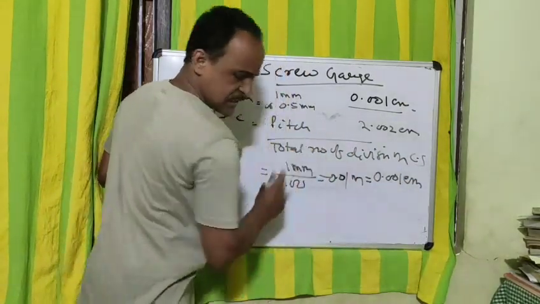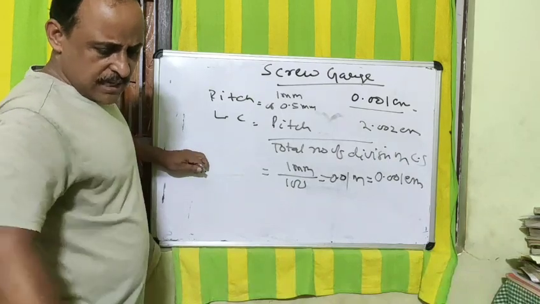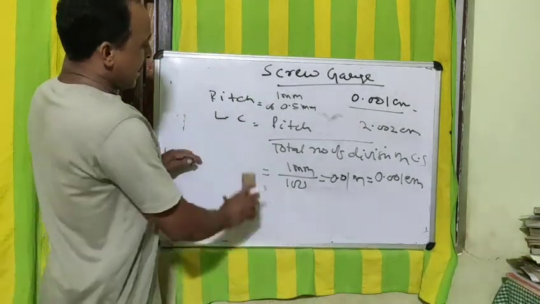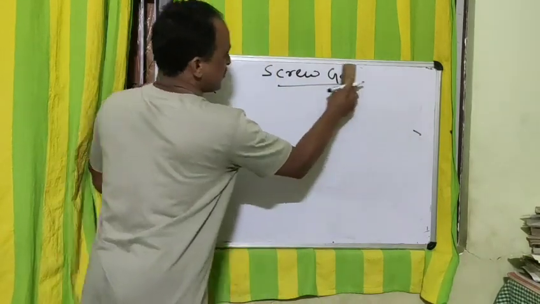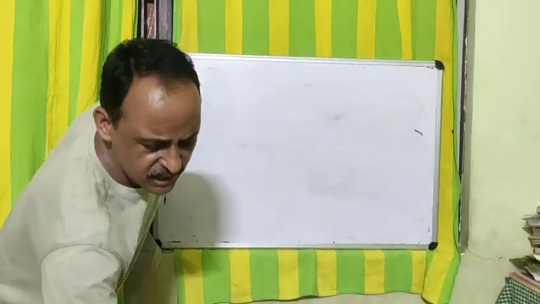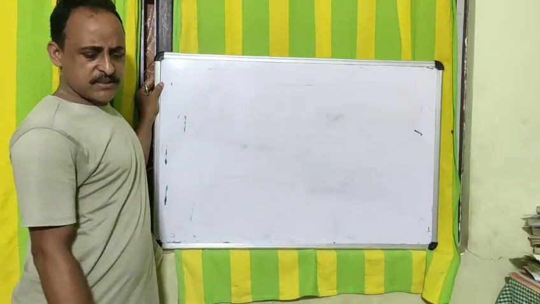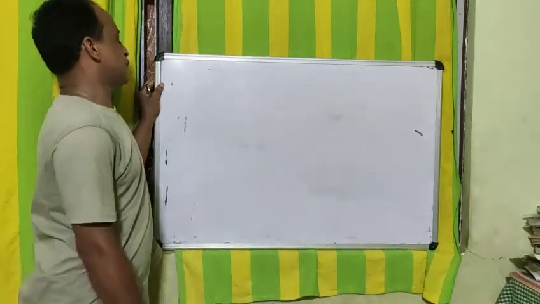This is the least count. So now the least count and the principle are clear: the screw gauge is based on the principle of a screw.